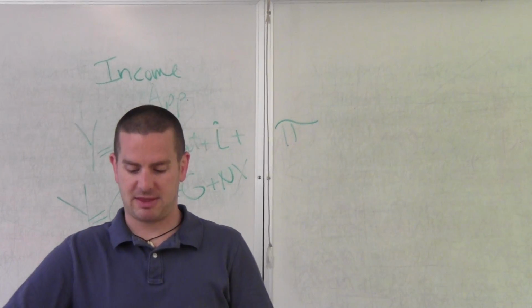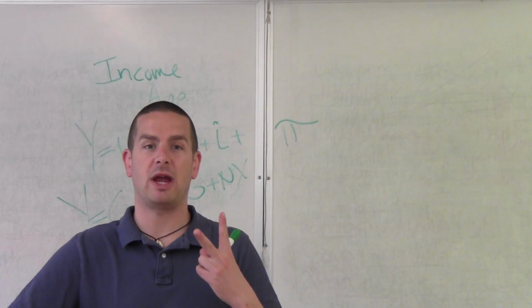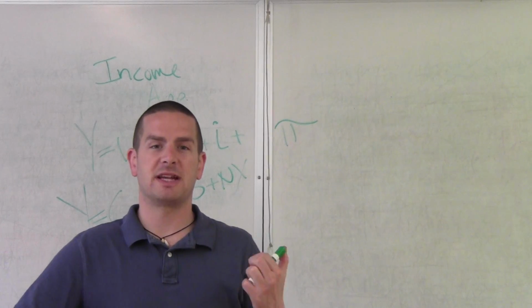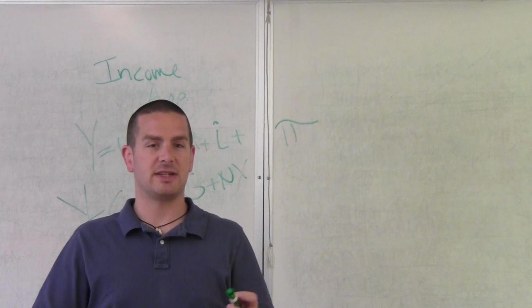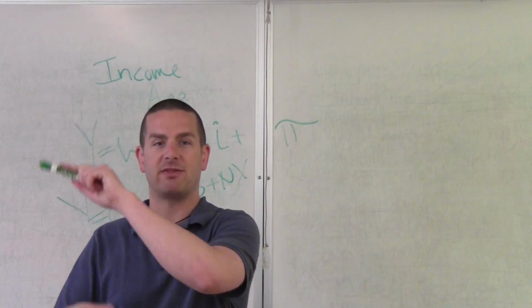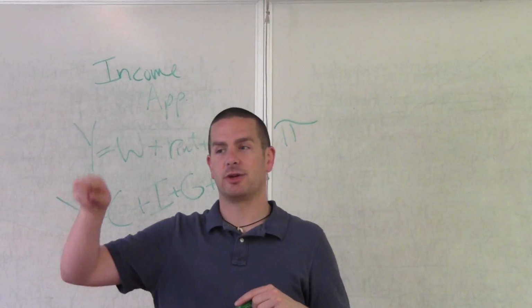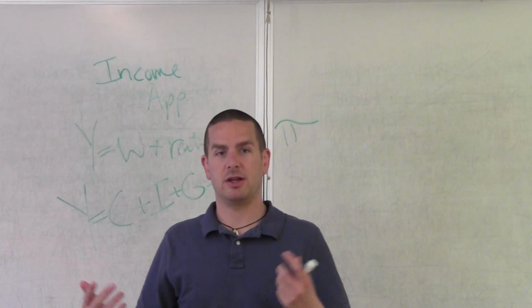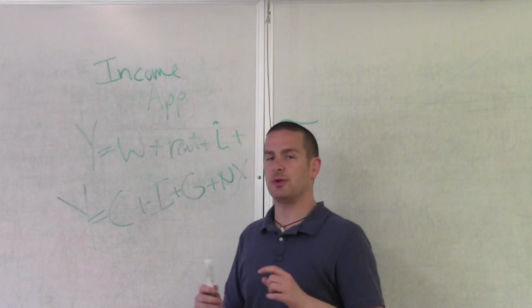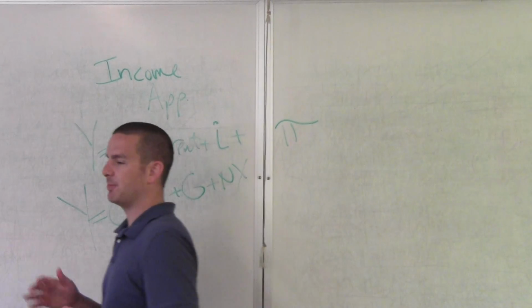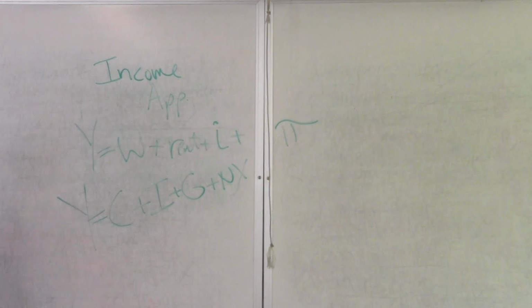You're counting the same thing, but you're measuring it in two different ways. It's almost as if you wanted to count up to 10, and in one example, you go 1, 2, 3, up to 10, and the other way, you go 10, 9, 8, 7, down to 1. It's the same way of measuring something, you're just doing it slightly differently, but you're going to get the same answer.